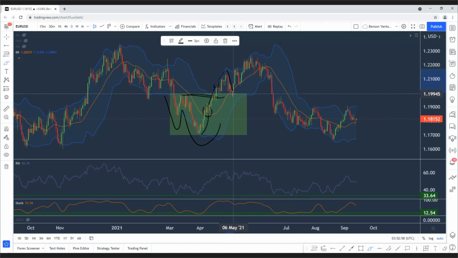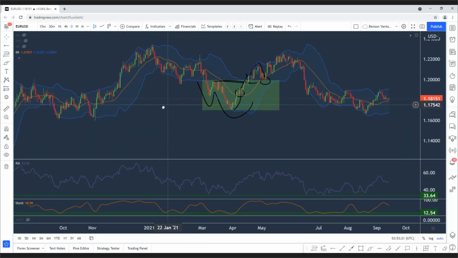Then when it pulled back, you see the area over here that it bounced is exactly the breakout level of this W pattern itself. It found support here, then bounced off to the upper band itself. So this is a very good example of a Bollinger Band.